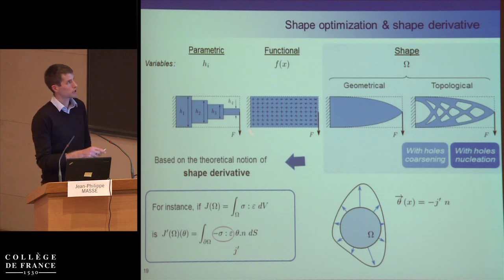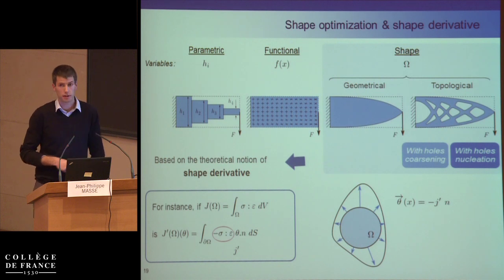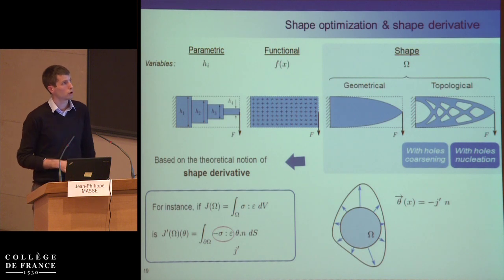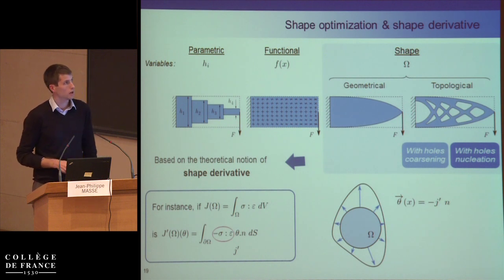For example, we can imagine a function of porosity or orientation of fibers or whatever, and so you will be able to optimize with respect to this function directly. Or shape optimization with two kinds, geometrical or topological. We can change the topology by coarsening or creating holes.